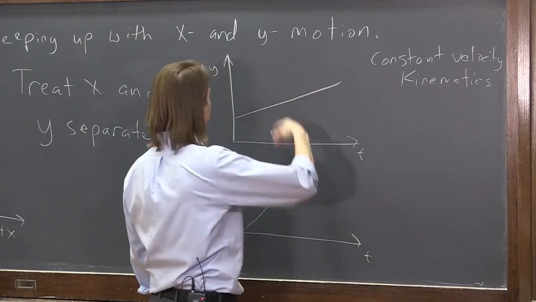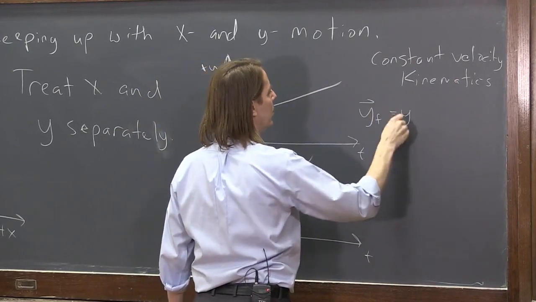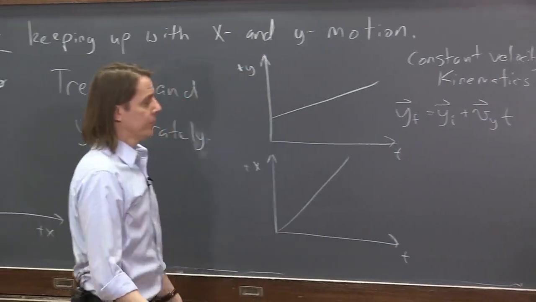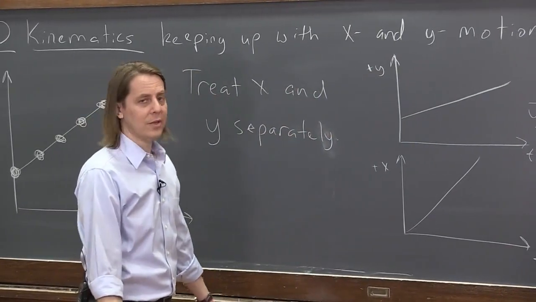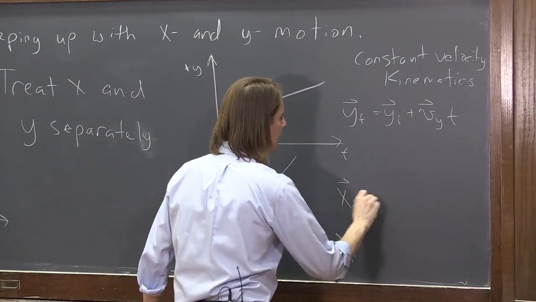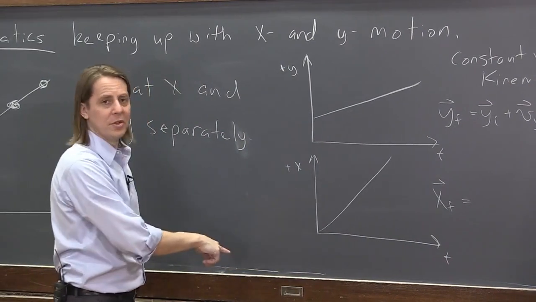If we wanted to, we could say y final equals y initial plus v_y t. We could keep up with where it is on the y-axis at all times. And we could say x final equals, actually, there is no x initial, so I'll leave that out.